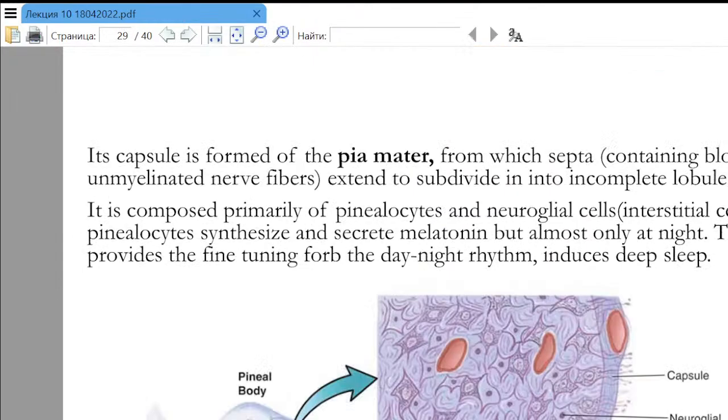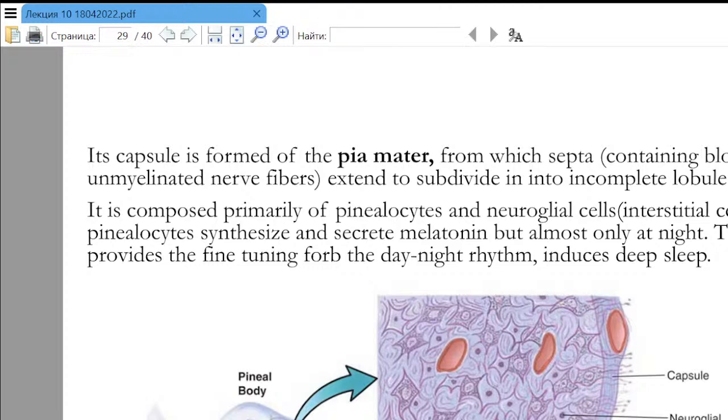Its capsule is formed of pia mater, from which septa containing blood vessels and unmyelinated nerve fibers extend to subdivide it into incomplete lobules.